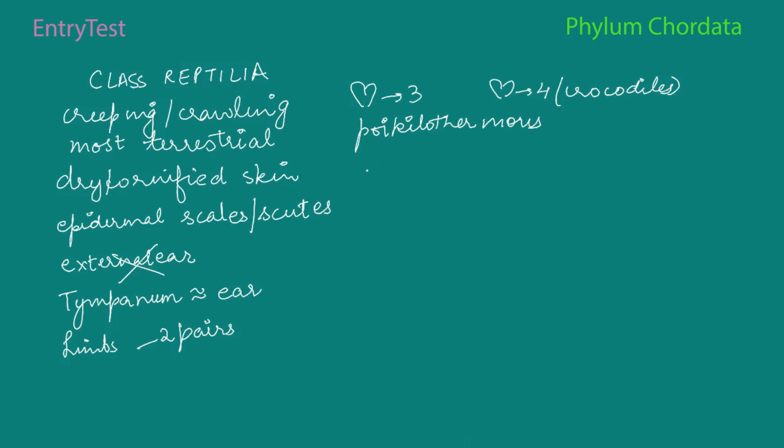And snakes and lizards even shed their scales. The skins and the scales are shed in the case of snakes and in the case of lizards as well. Now, sexes are separate.